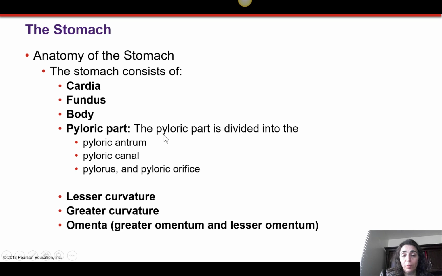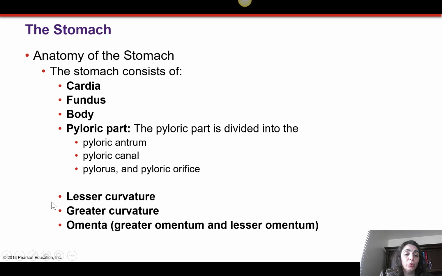The pyloric part by itself is divided into the pyloric antrum. It's like a triangular space that I will show you. Then after that we have pyloric canal, and finally we have pylorus and pyloric orifice. Around that we have pyloric sphincter.